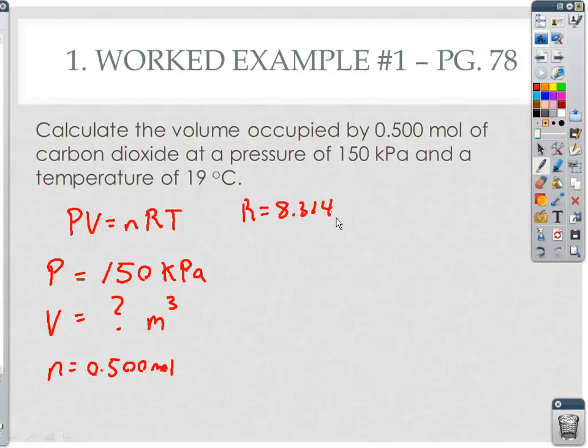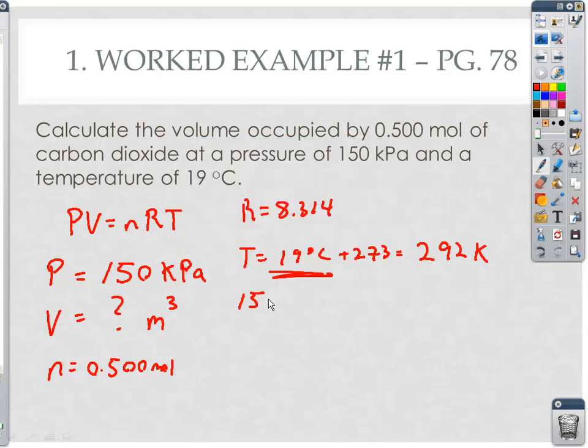R is our gas constant, 8.314. And temperature to be 19 degrees C. So we have to convert that temperature by adding 273 to it, which is 292 Kelvin.